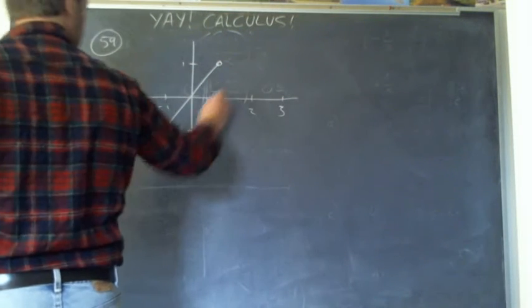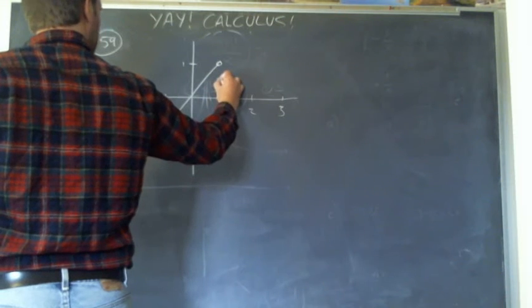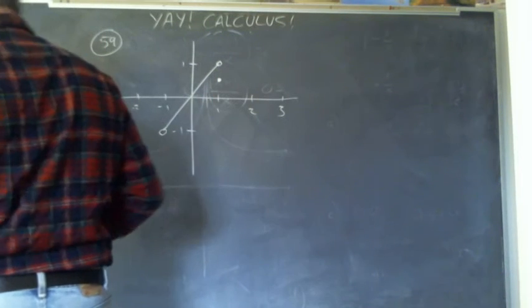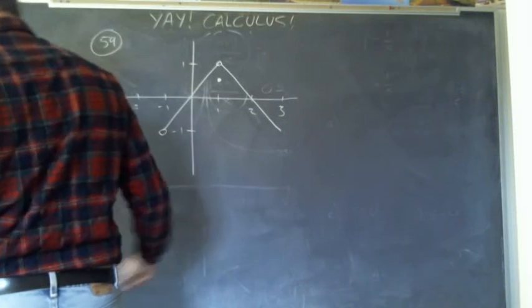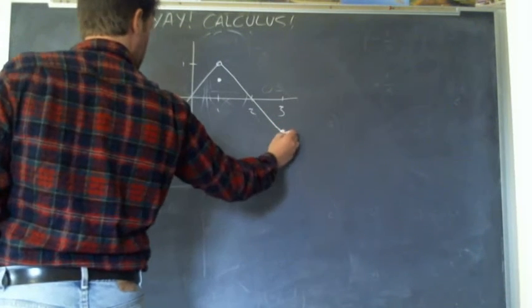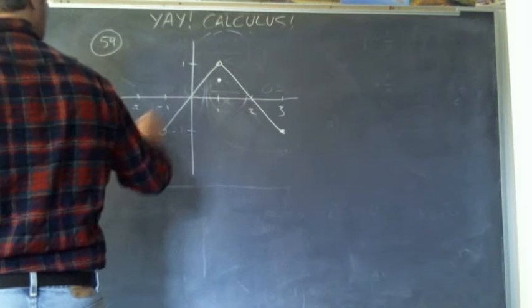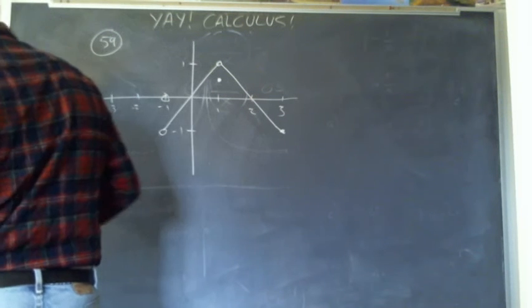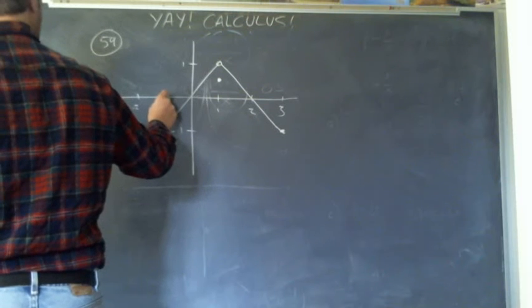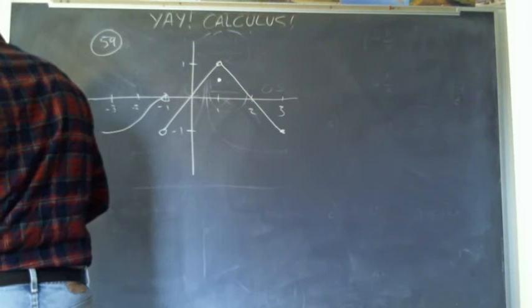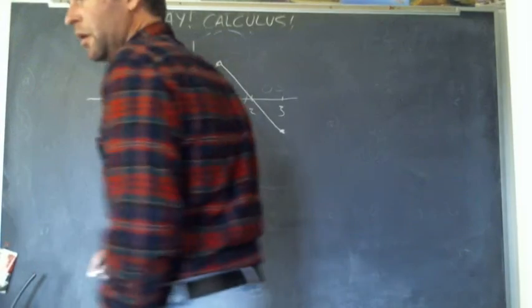We're defined at x equals 1 there, and then come back down to a closed circle here at 3, -1. It looks like a little logistic function or some such. It kind of looks like that. All right.